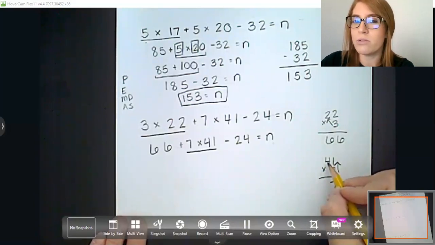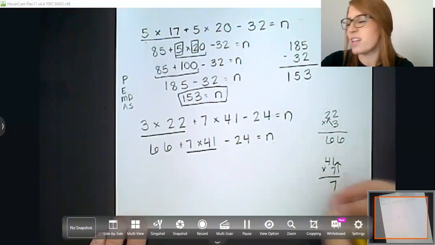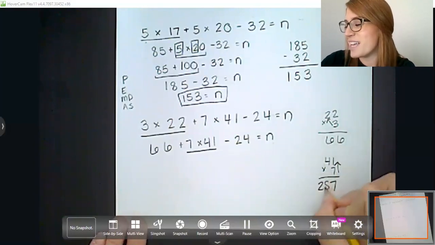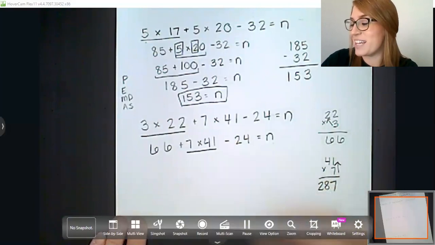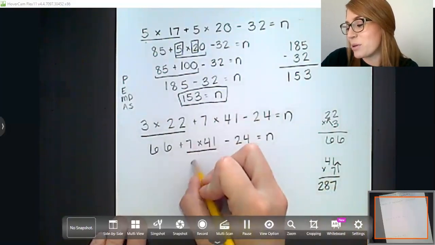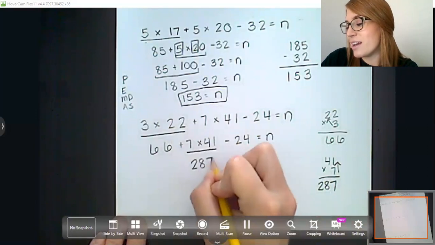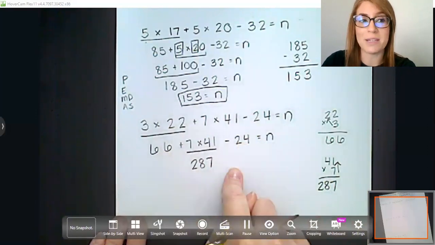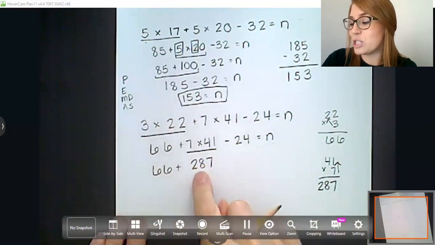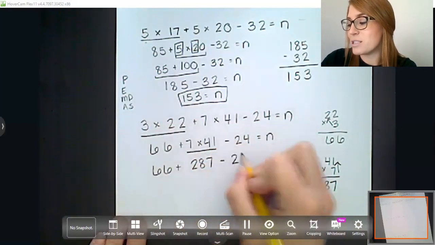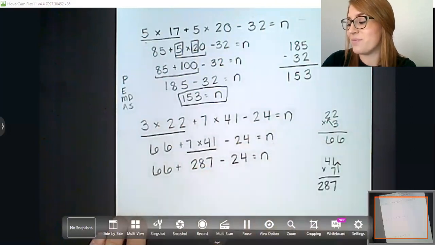Are you sure? Okay, that's right. Good job. 28 is correct. So 41 times 7 is 287. So I'm going to write that right underneath there, and then I'm going to copy the rest of the problem down exactly how I see it. So 66 plus 287 minus 24 equals n.